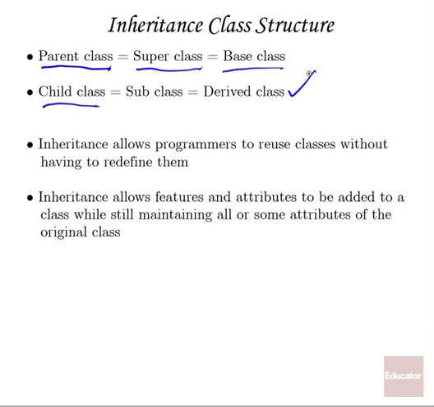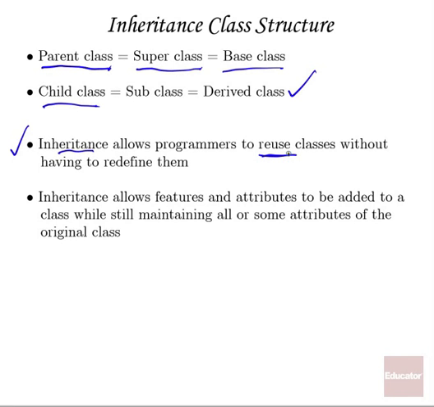Now, the big advantage to inheritance in general is that inheritance allows programmers to reuse these classes without having to redefine them. So it means less code and less development time, and then a slightly faster running program. And so it's all about reusing so that you don't have to keep hard coding and retyping all of your classes.